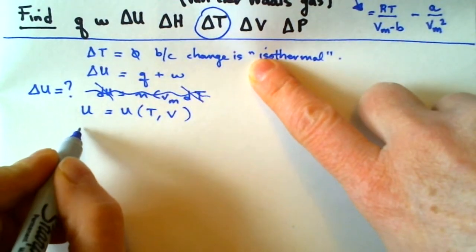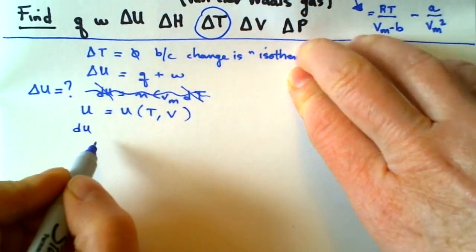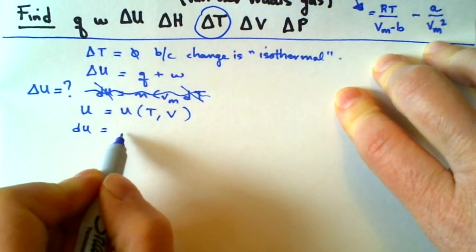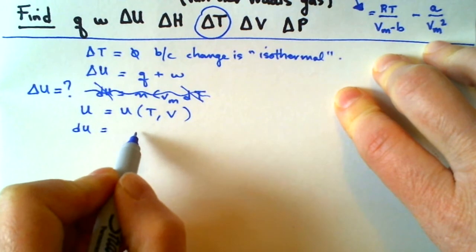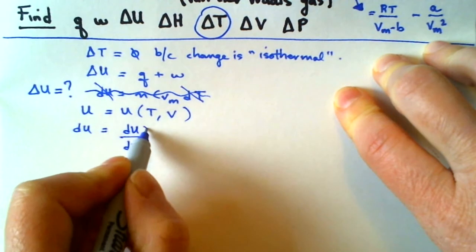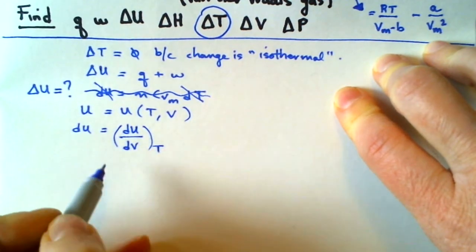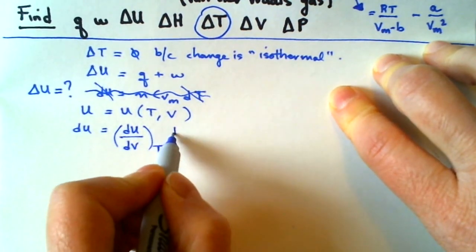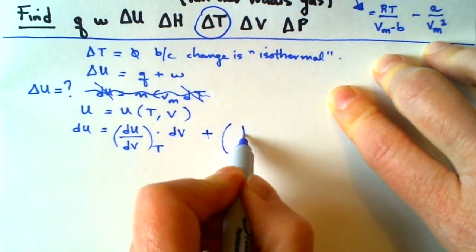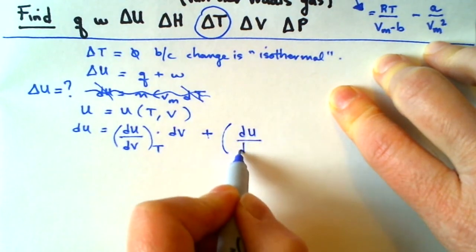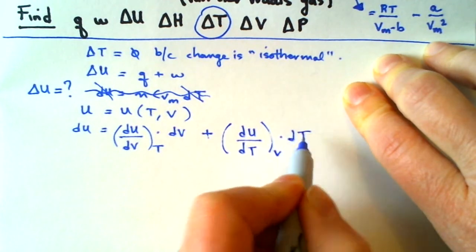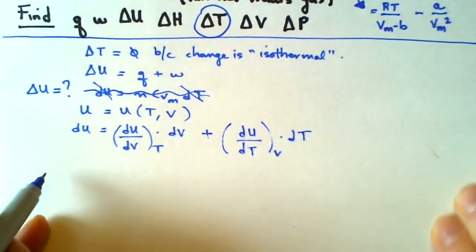And that means that any change in internal energy is equal to the change due to a change in volume, so this, because of volume, holding the temperature constant, remember, this is called expanding the differential, times that change, plus the change in internal energy due to a change in temperature, holding the volume constant, times that.